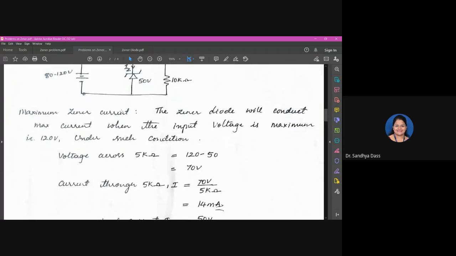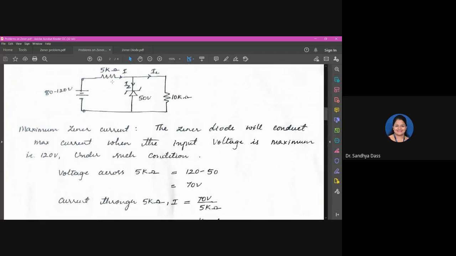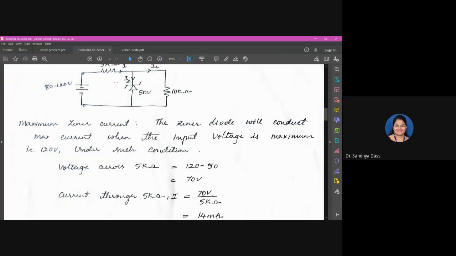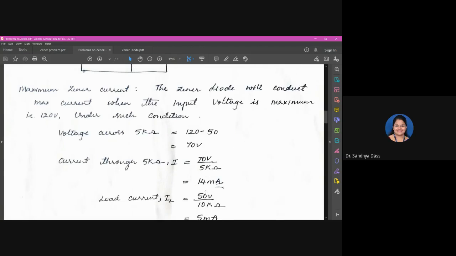Now the current through this 5 kilo ohms is given by 70 by 5 kilo ohms. 70 volts is what you just calculated. So that will be your I, 14 milliamps.